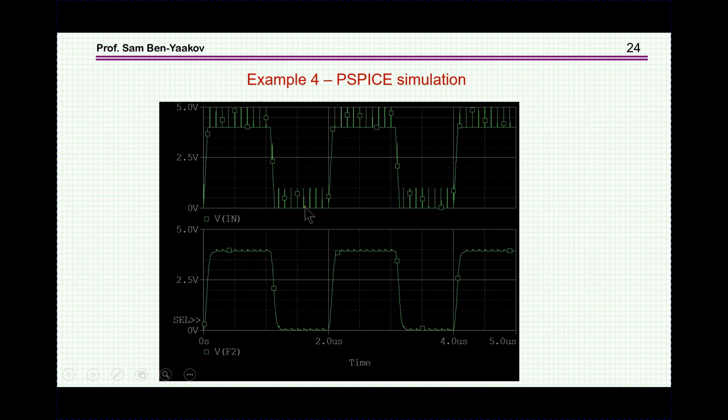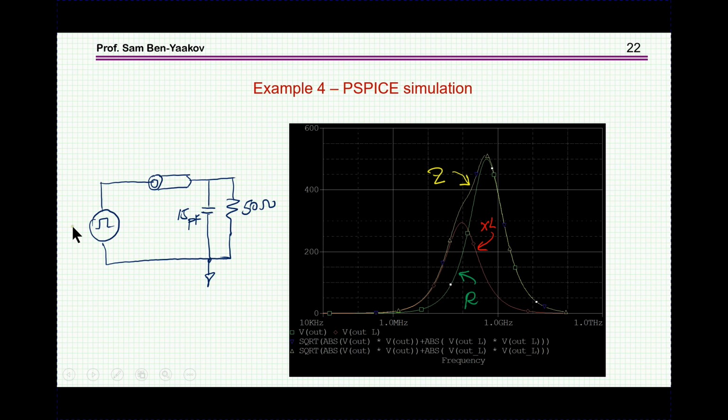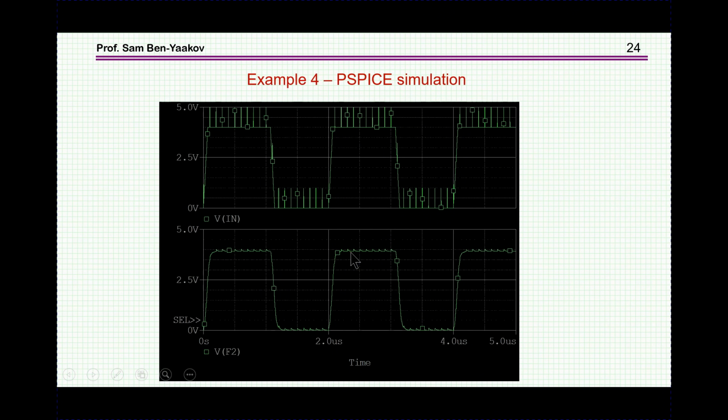As you can see, this noise at the input is fairly high. It's 1 volt sharp pulses. And as it goes through the filter, it is considerably attenuated. So this shows the power of a ferrite to attenuate the high frequency component and make this picture very, very clean.